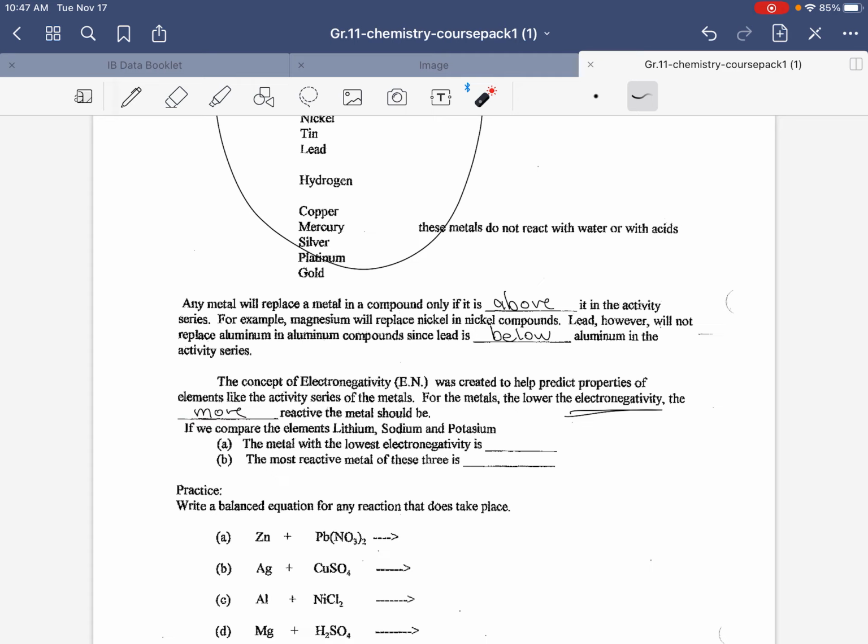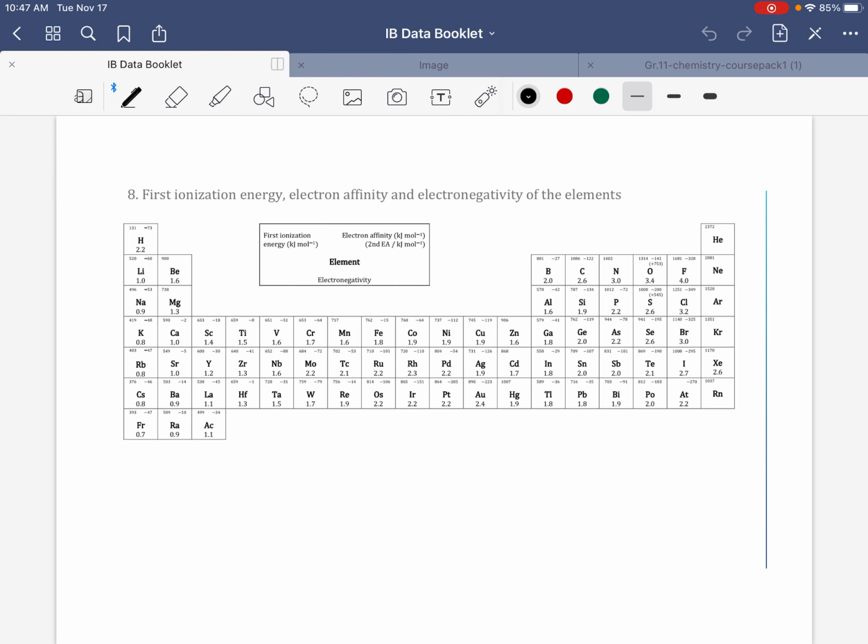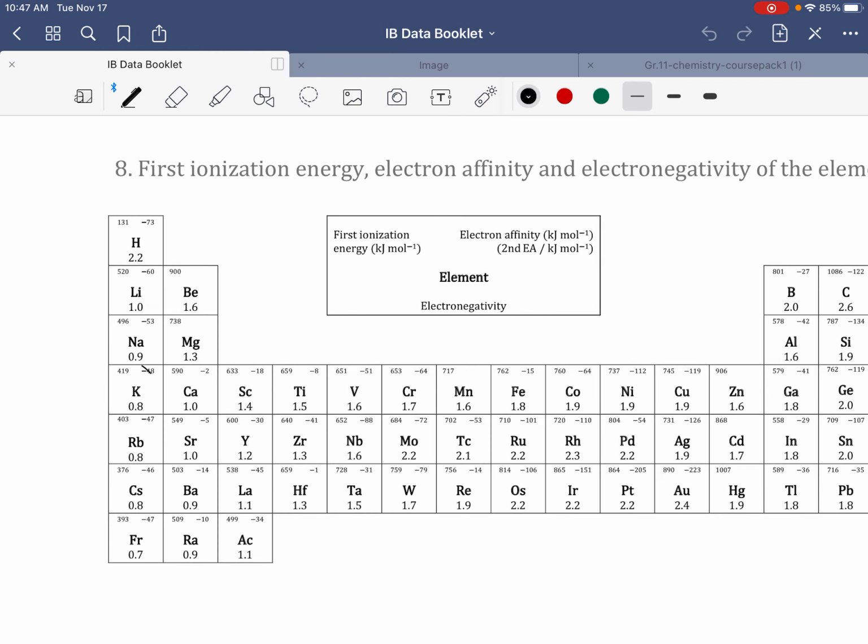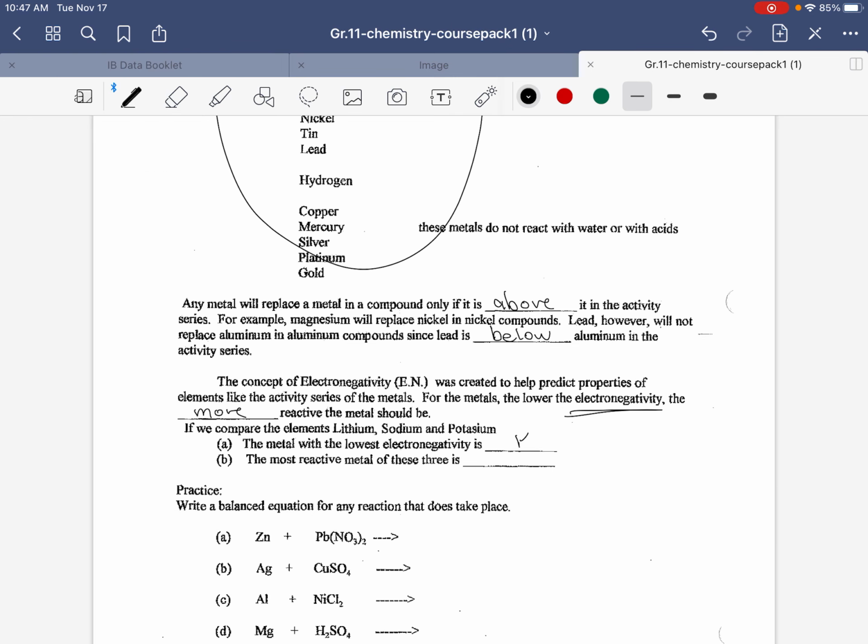So if we were comparing lithium versus sodium versus potassium, which metal is the lowest in electronegativity? Well, by looking at the trend right here, it is potassium. So that's K. Which means the more reactive metal of the three is also K.